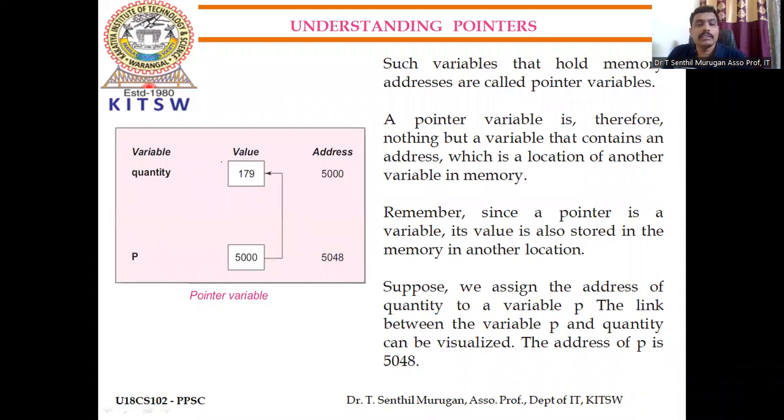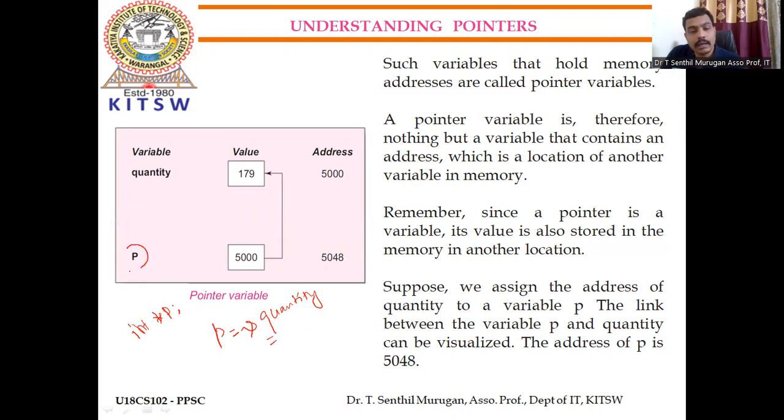Now you can see this example, if you are assigning to a pointer variable. For example, int asterisk p, and p equal to ampersand quantity. If you declare like this, what will happen?